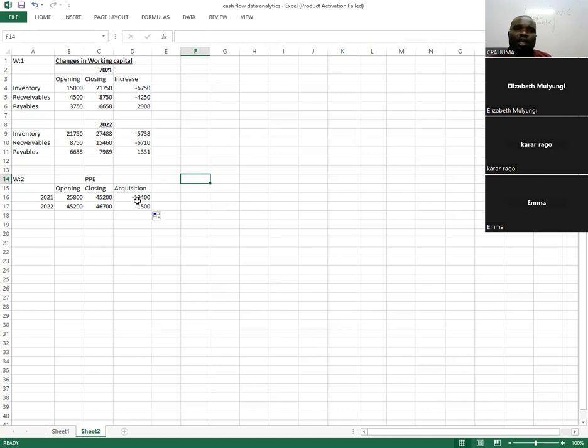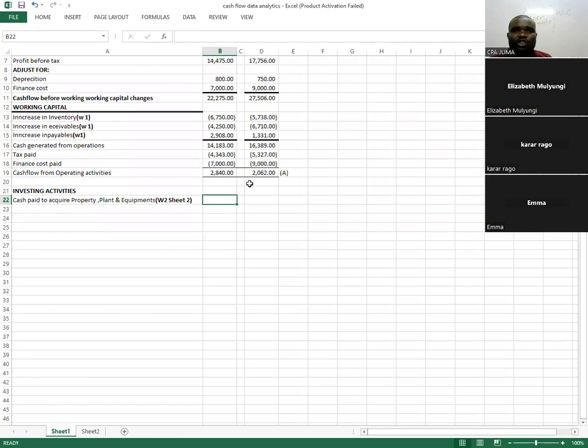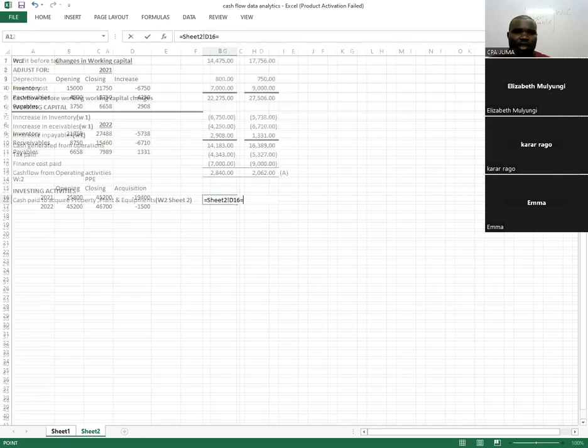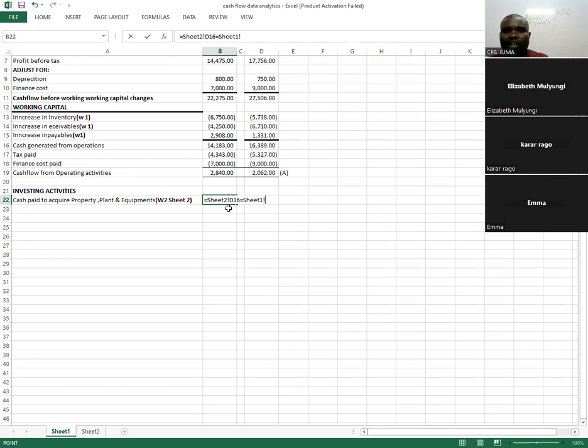So I want to interlink it back. For 2021, equals, I go to sheet 2, I click there, equals, I go back to my sheet 1, I delete up to the equal sign, enter.